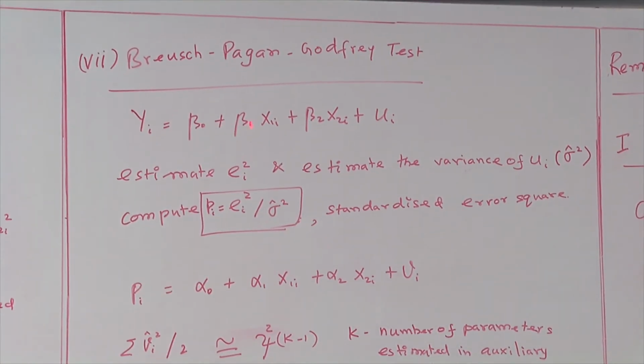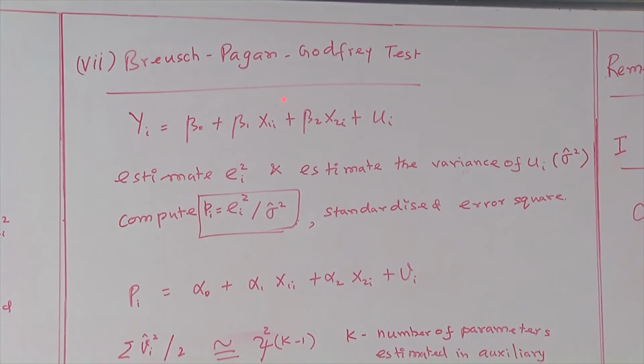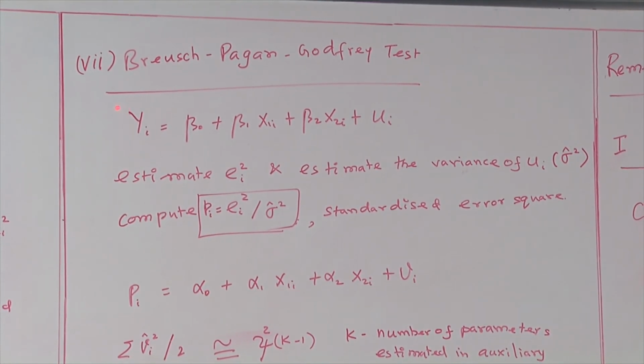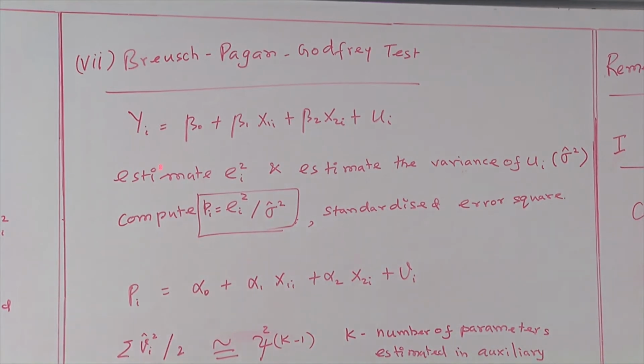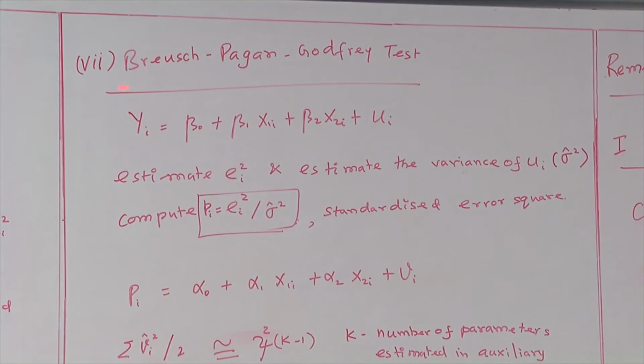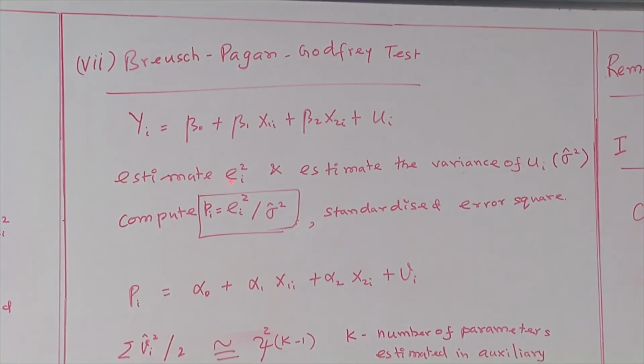Now, let us see the last test, the Breusch-Pagan-Godfrey test. This is a Lagrangian multiplier test as in the previous case. Let us take one example. This is the original regression model. We will estimate the EI square, the error sum of squares, and estimate the variance of UI, that is sigma hat square.